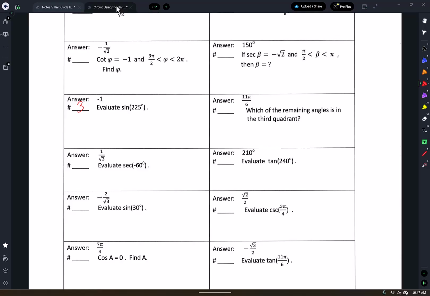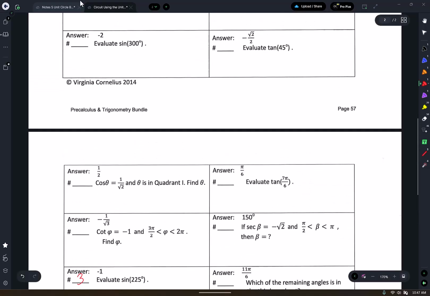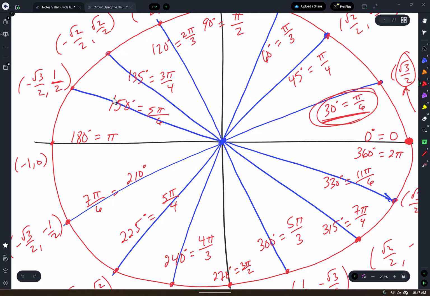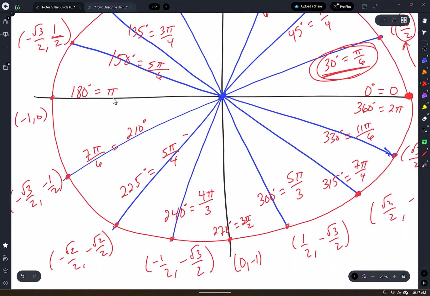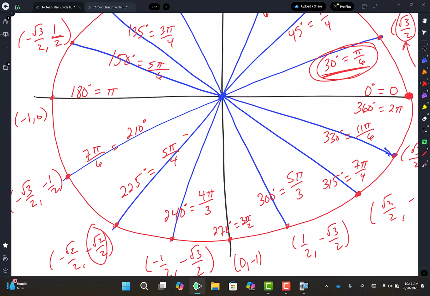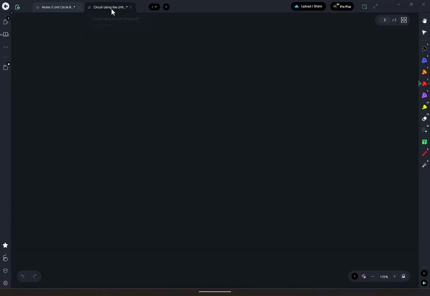It says evaluate sine 225. Well, sine is the y value. Sine of 225. Make sure to put a little degree symbol. Sine is the y value. So I look for 225. It's right here. And the y value is negative square root of 2 over 2.